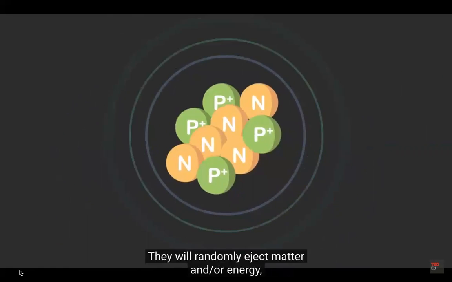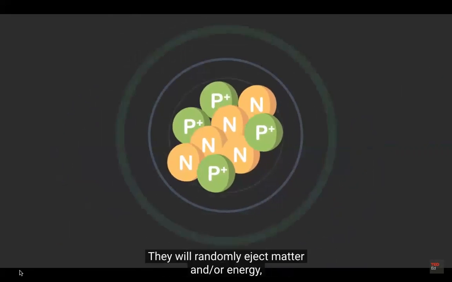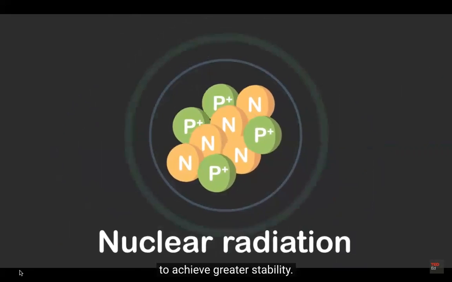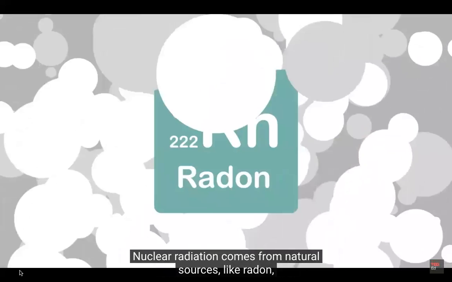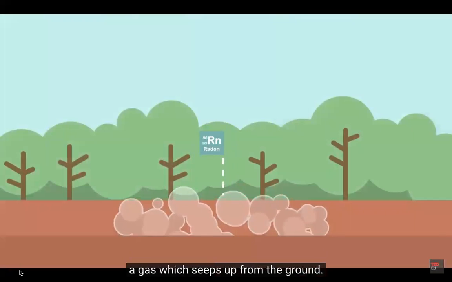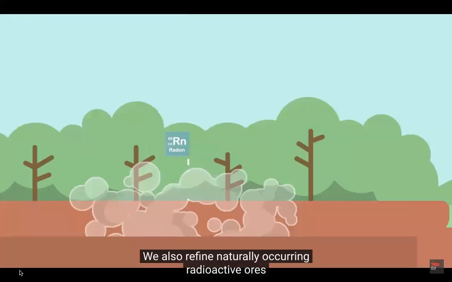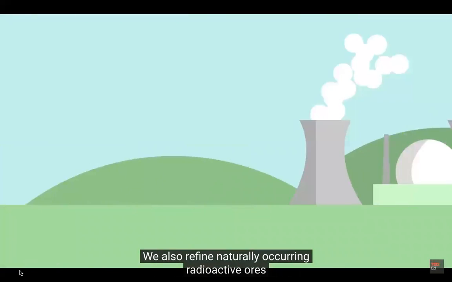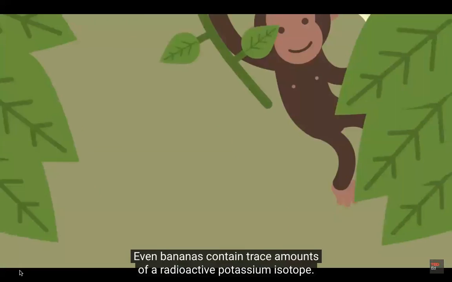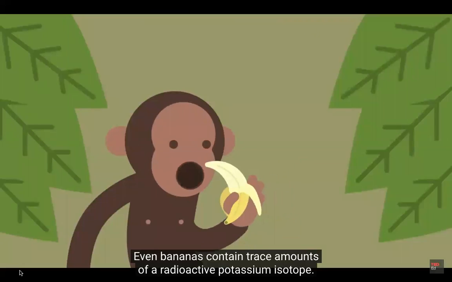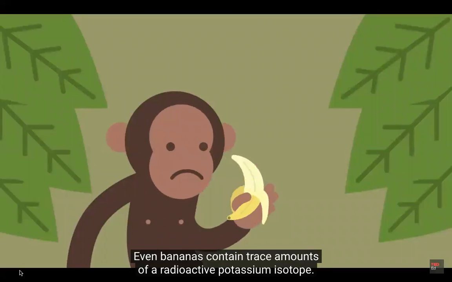They will randomly eject matter and/or energy, known as nuclear radiation, to achieve greater stability. Nuclear radiation comes from natural sources like radon, a gas which seeps up from the ground. We also refine naturally occurring radioactive ores to fuel nuclear power plants. Even bananas contain trace amounts of a radioactive potassium isotope.